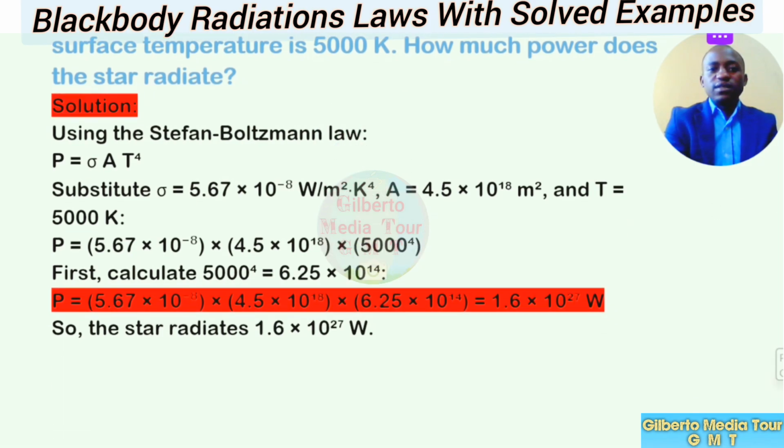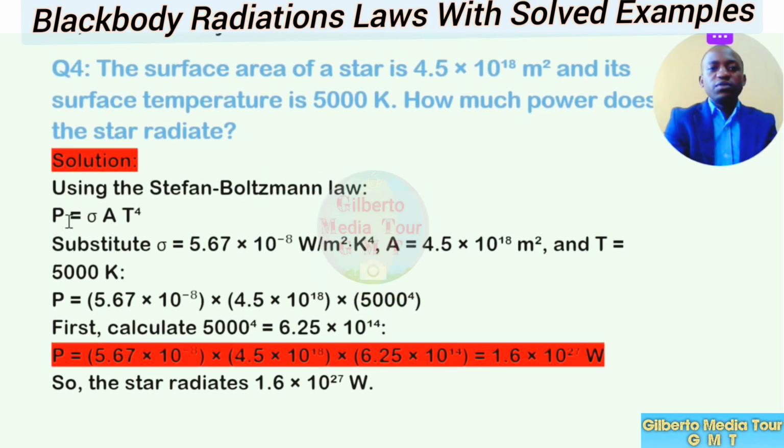So we can apply the same strategy where the power should be equal to the Stefan Boltzmann constant times area times the fourth power of temperature, so that you can immediately get the value of power. So the power will be equal to 1.6 times 10 to the power 27.